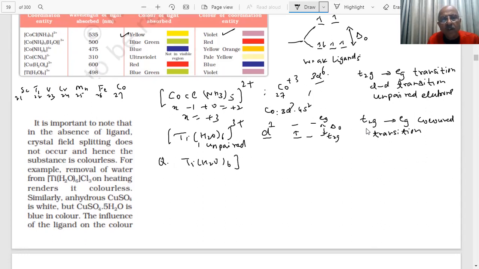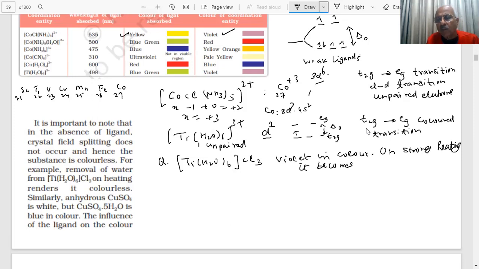[Ti(H2O)6]Cl3, [Ti(H2O)6]3+ is violet in color. On strong heating, it becomes colorless. Explain. Question in the paper: it becomes colorless.